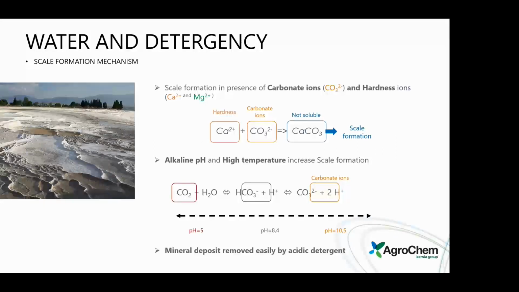A little bit of information on the scale forming, the formulas that are here, and the alkaline and high temperatures. The reason we have this one in here is pointing out it can increase the scale formation. We're pulling that from the water and causing more of an opportunity for those carbonate ions and hardness ions to be stuck and held onto the system that way.